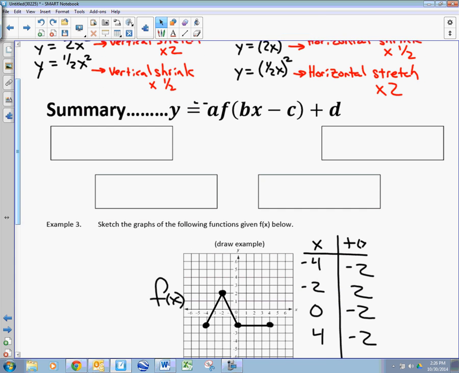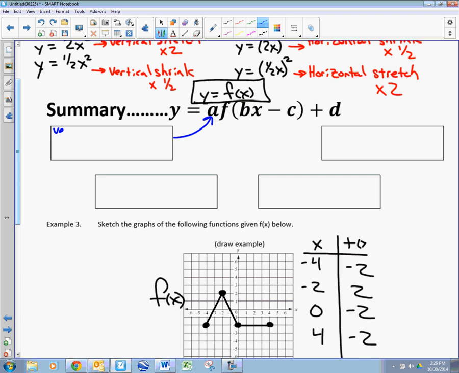Okay, let's put all these together. If you have the function y equals f of x, and you decide to put some transformations on it, for example, let's suppose you stick an a out front. We're now going to summarize how these different pieces affect the graph. If you put an a in front, is that on the outside or inside? So is it going to affect it vertically or horizontally?